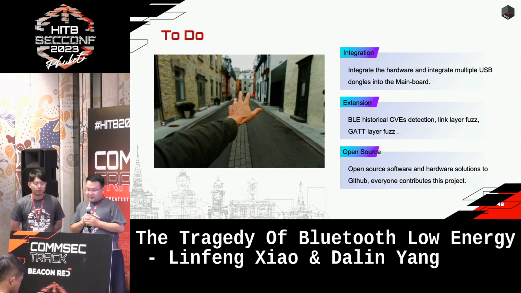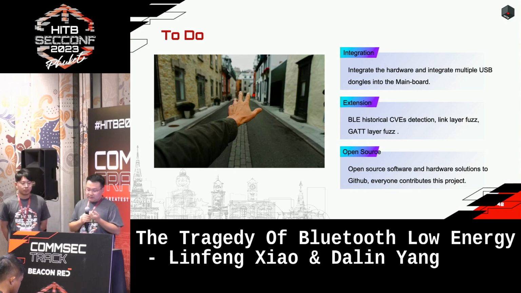We will extend the detection items of BLE, such as adding link layer fuzzing tests, GATT service fuzzing tests, and historical CVE inspection tests. We expect that this year we will open source the software and hardware of the tools on GitHub, and hope that you can make suggestions and add new functions.